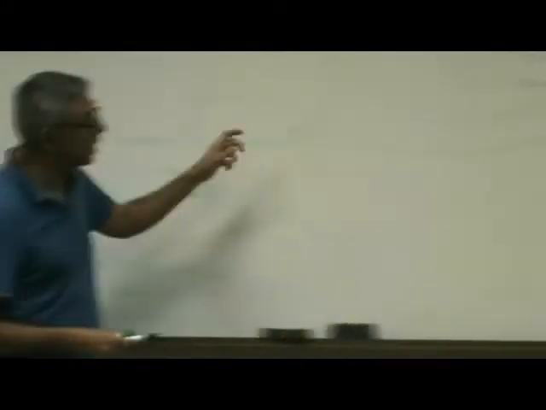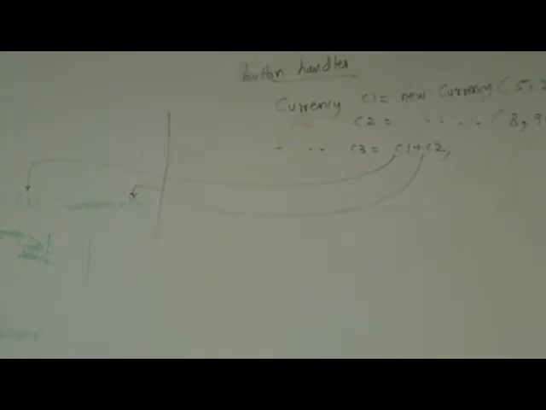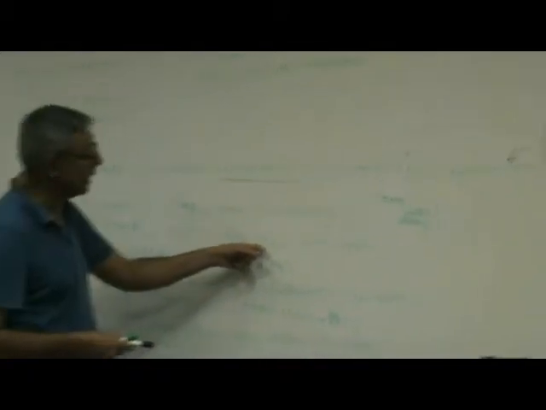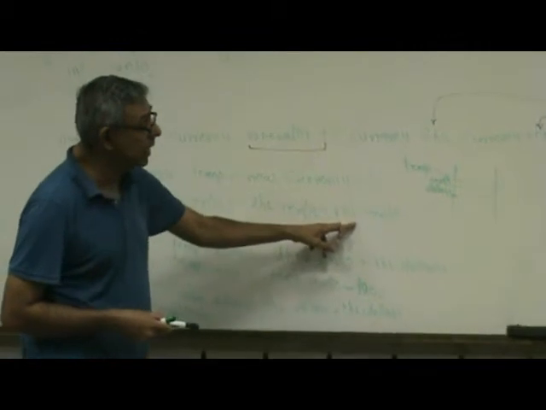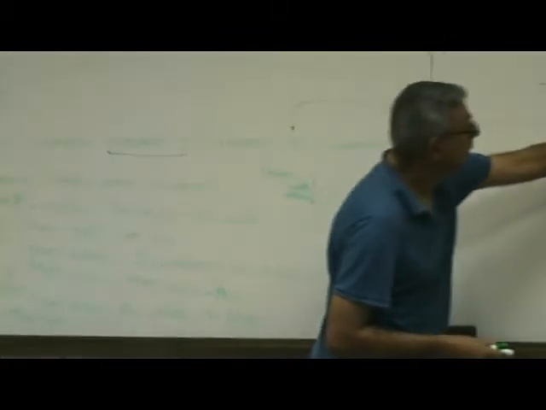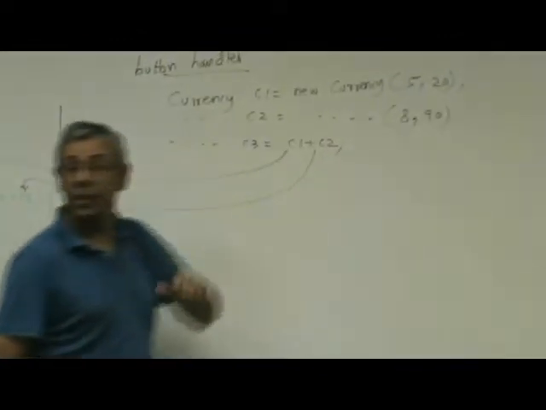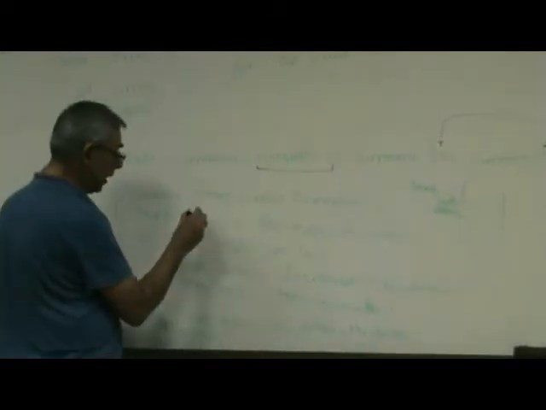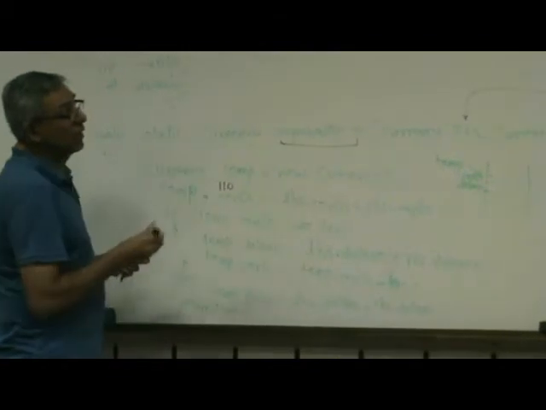So what is left-hand side? Which is C1. C1 in our example is $5.20. So the cent amount is 20, right? Right-hand side in our case is C2, cent amount is 90. So it will do 20 plus 90, so this will basically become 110 in this example, right?